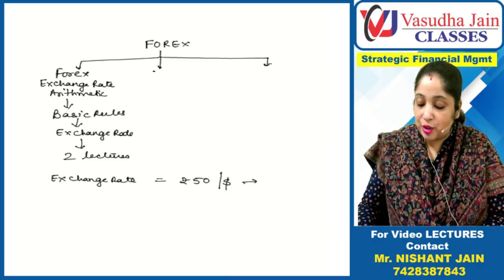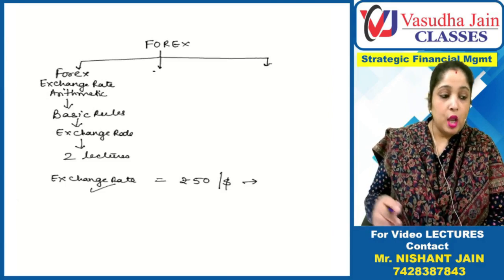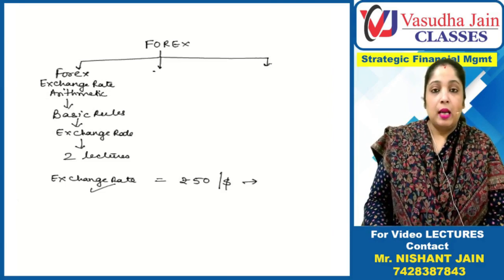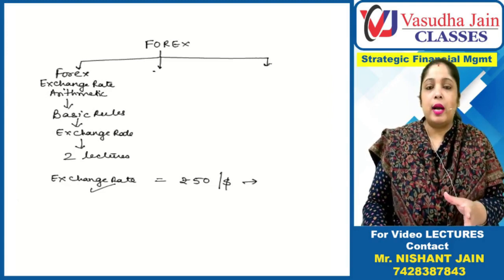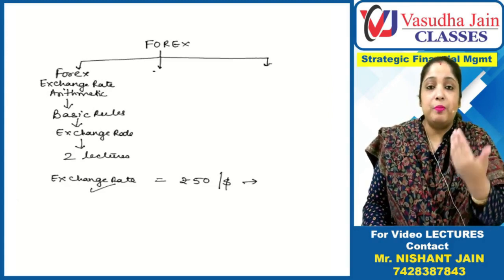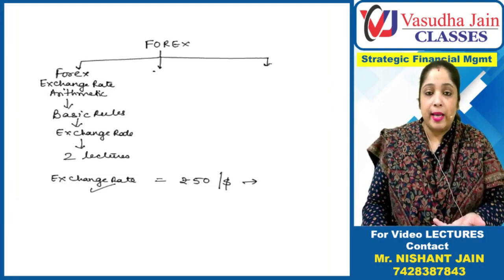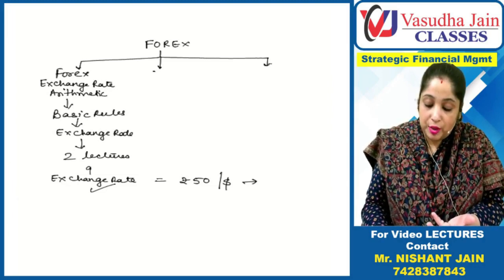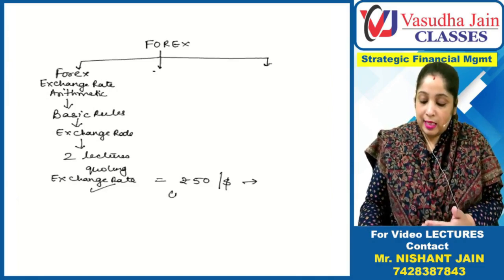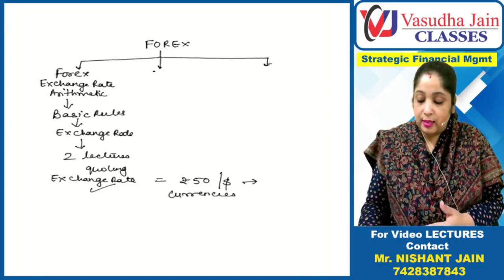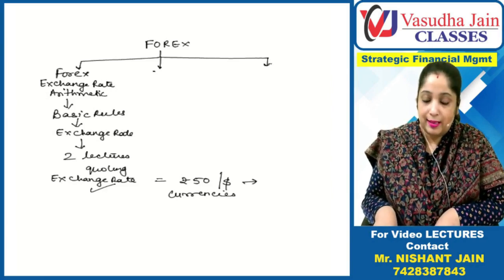This is called exchange rate. Okay, so we have to learn many rules regarding exchange rate, what exchange rate means, how it is expressed, who is quoting this exchange rate. So all these rules we have to study. Currencies of different countries, that is we are going to start learning in this lecture.